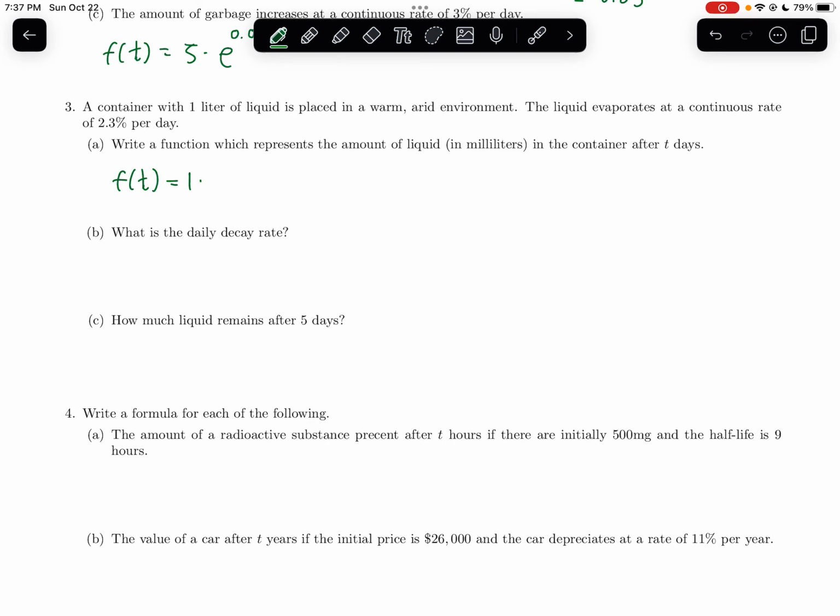And the continuous rate is 2.3%, so k is 2.3%, which is 0.023. And it's evaporating, so it's leaving, so it's a negative amount. So it's e to the power of negative 0.023t.